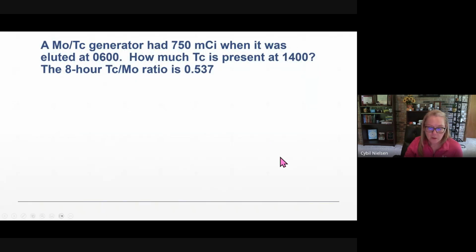All right. We'll do one more, then we'll move on. We have a Molytech generator, has 750 millicuries when it was last diluted at 0600, which means we took all the technetium out. So we're starting over. We want to know how much tech is present at 1400, which is 8 hours later. Our ratio is 0.537. So first step, I have to decay this for 8 hours.